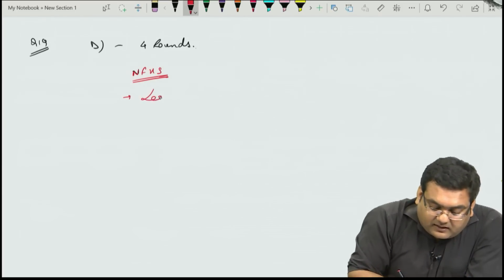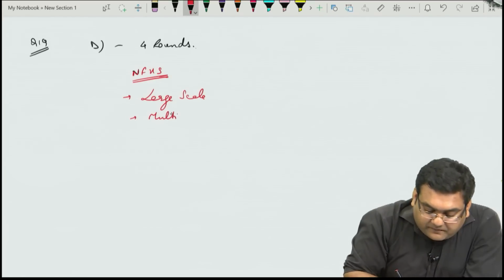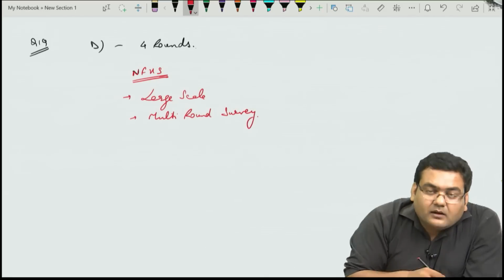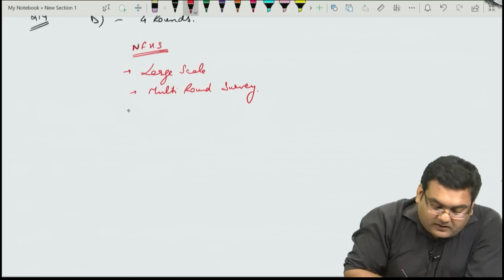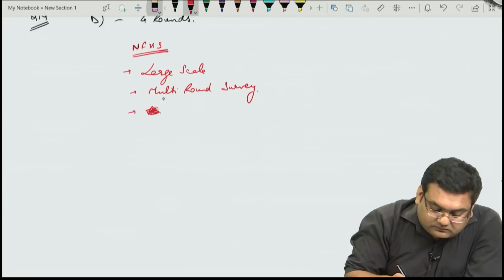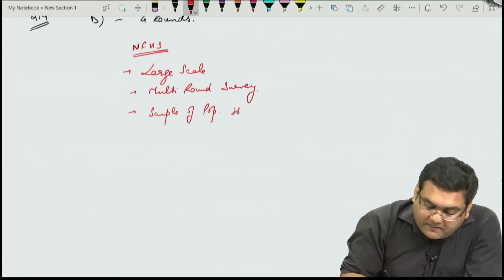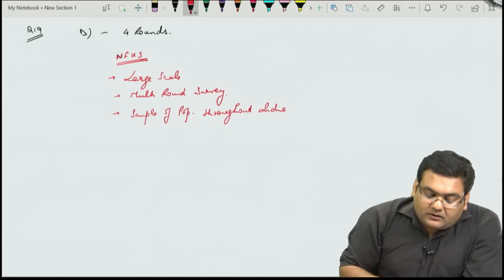It is a large scale multi-round survey done in a sample of population throughout India.